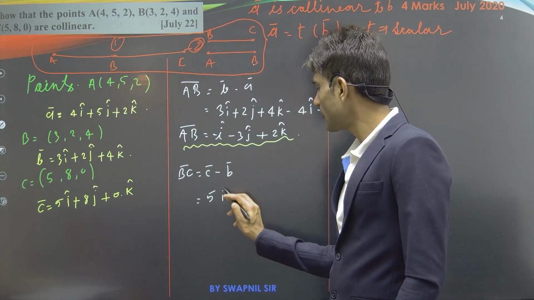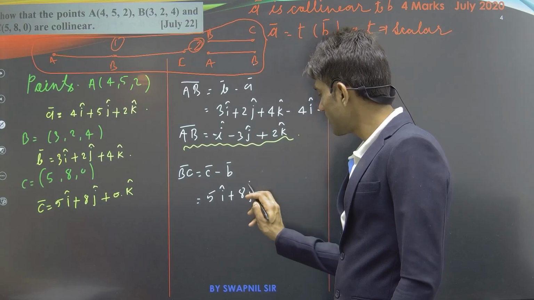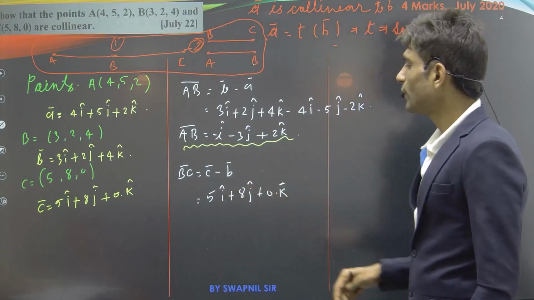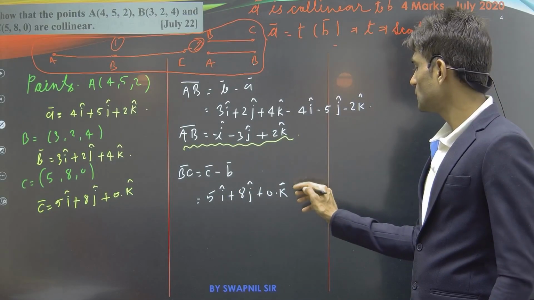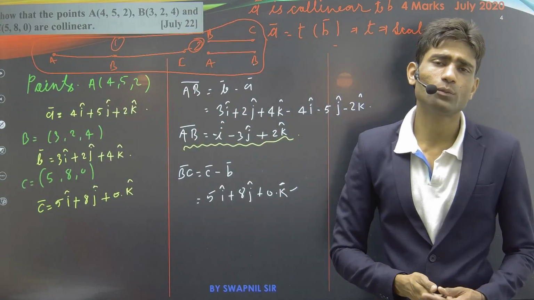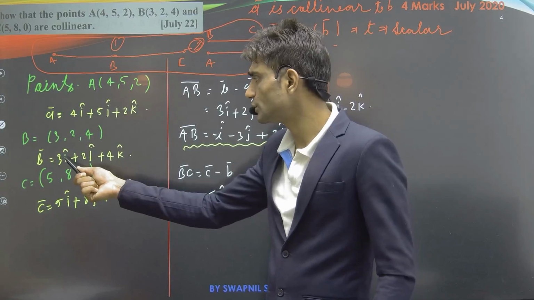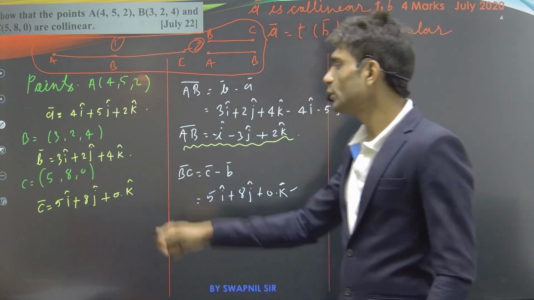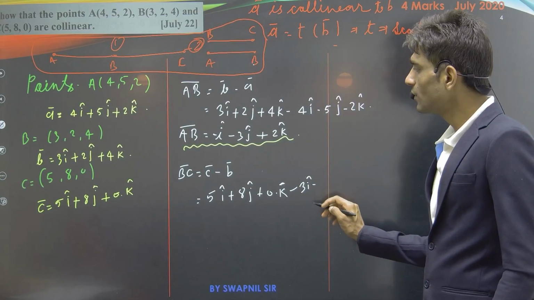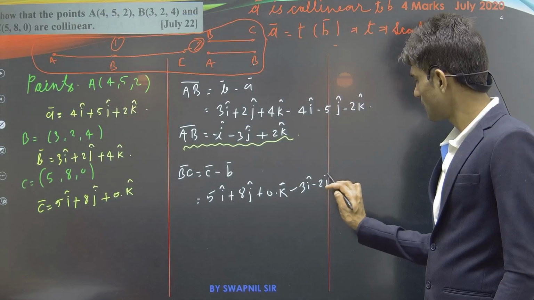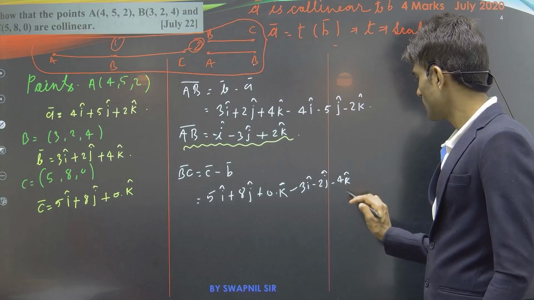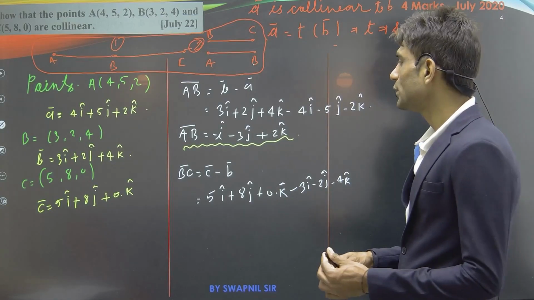So C bar minus B bar: multiply the negative sign to position vector B bar and substitute directly, giving negative 3 I cap, negative 2 j cap, negative 4 k cap.